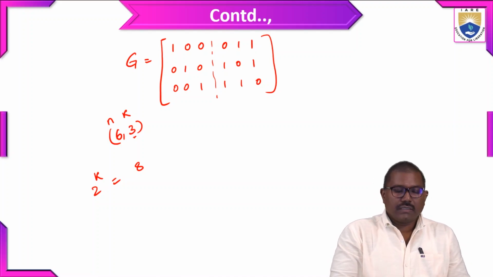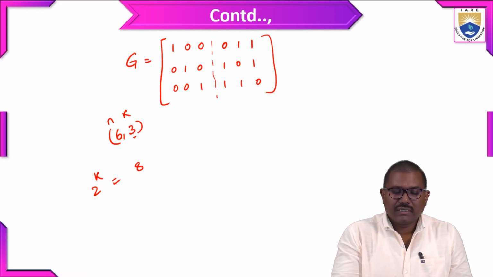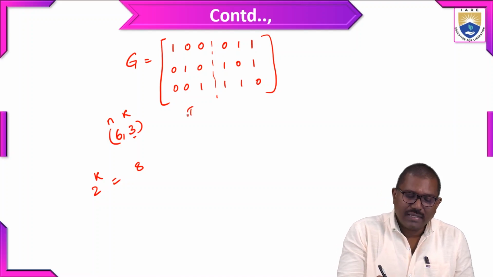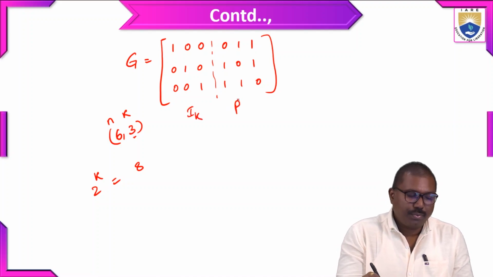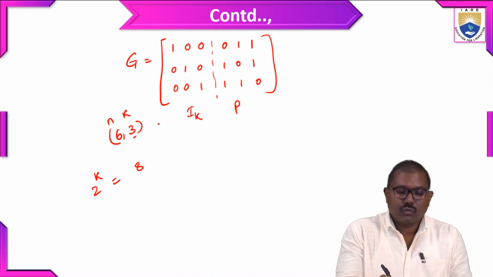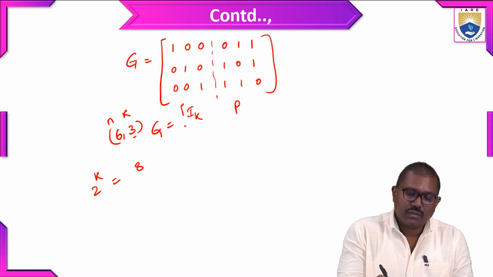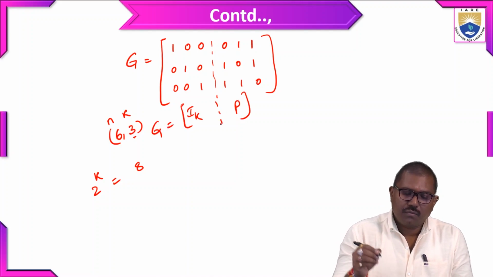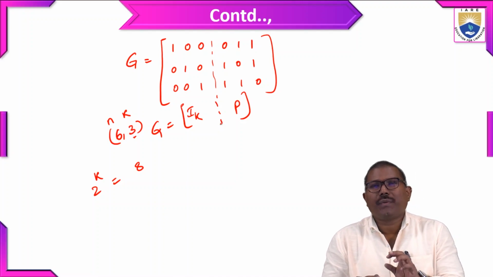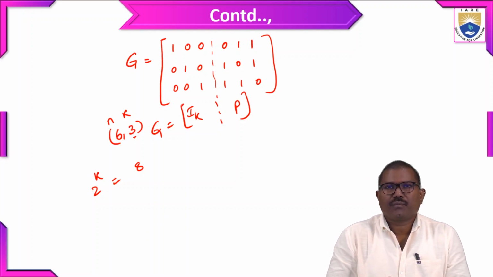Okay. So here G is in the form of [I_K | P]. You can write this in this form also: I_K augmented with P. What is I_K? The identity matrix with a size of 3 by 3.